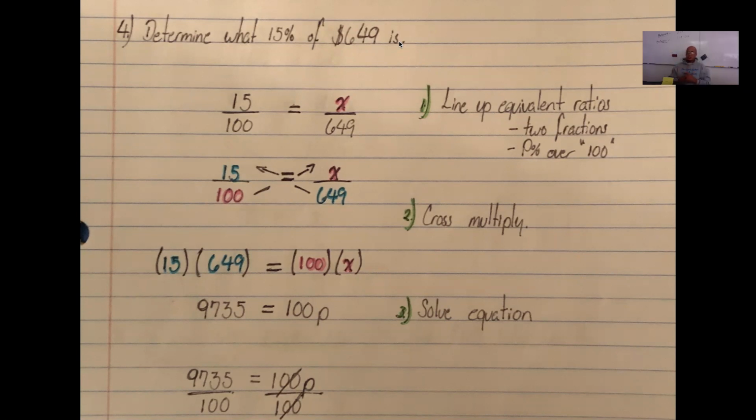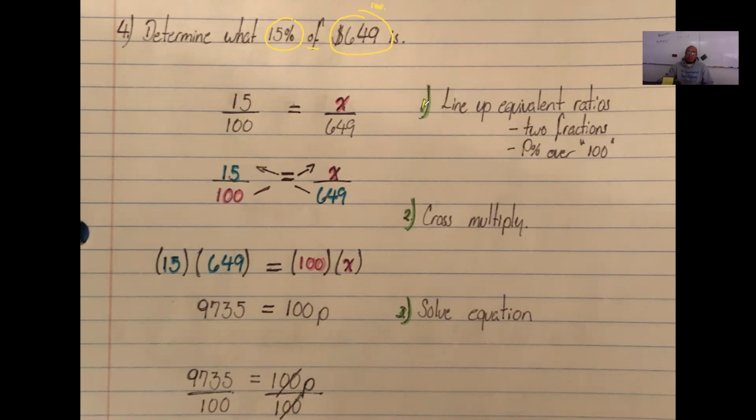So that is what we're going to be doing today. In this example, let us suppose that you go into a store and you find a speaker that you want, and that is being offered for 15% off of $649, meaning that $649 is the original amount. That is our original 100%, if you will.